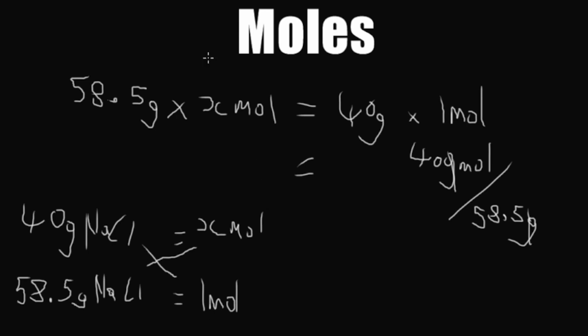But whenever we are dealing with quantities in science, we should be putting it in scientific notation. So this is going to be 6.83 times 10 to the negative 1 mole. So that's how we'd find how many moles are present in the sodium chloride.